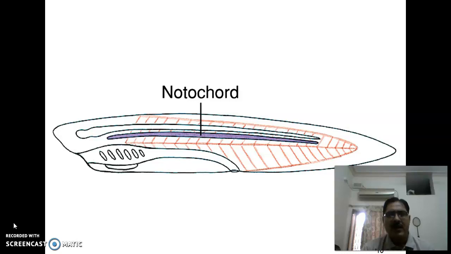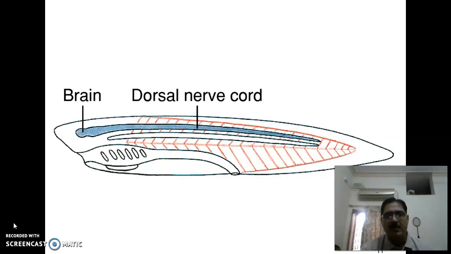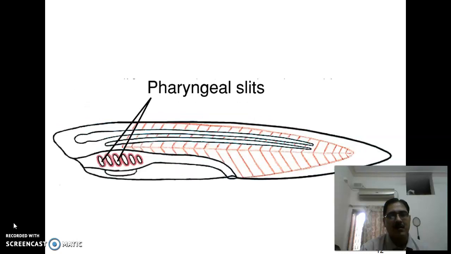Now look at this diagram which is showing the exact location of notochord. Above the notochord is dorsal nerve cord, and this nerve cord in the later stage of embryogeny forms brain in the anterior region and spinal cord in the posterior region.